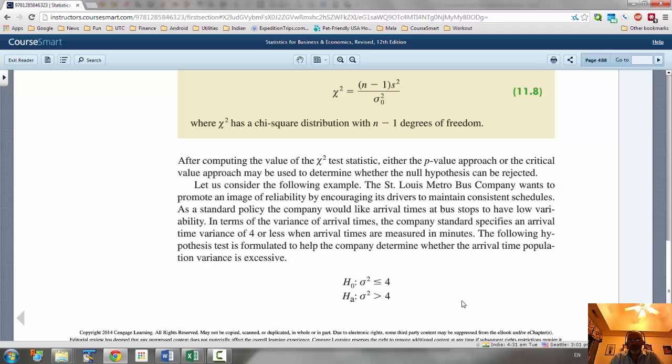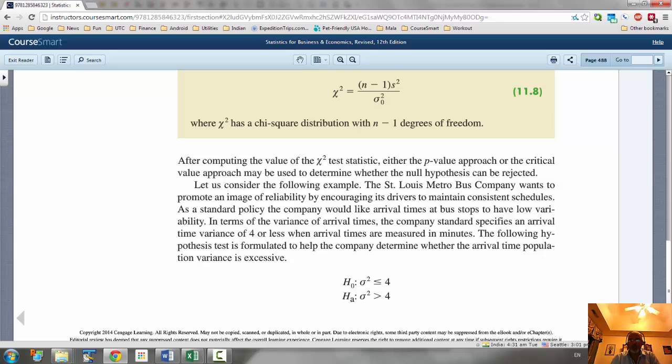In this example, we want to test whether the variance of bus timing is greater than 4. We want to keep it less than or equal to 4, but if it is greater than 4, then we want to check that and consider that as excessive variance in bus times.